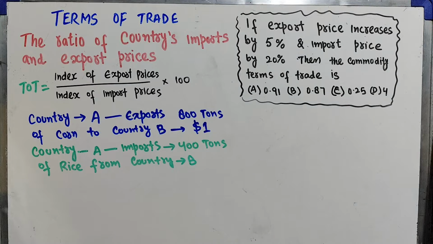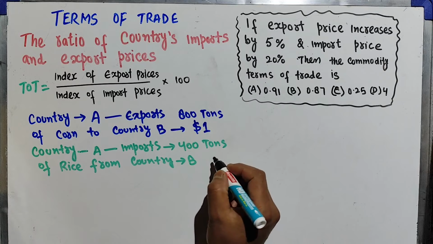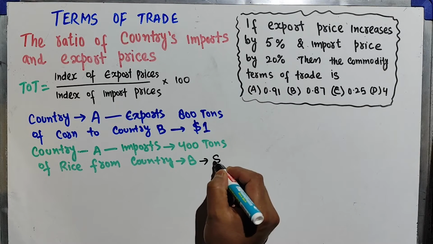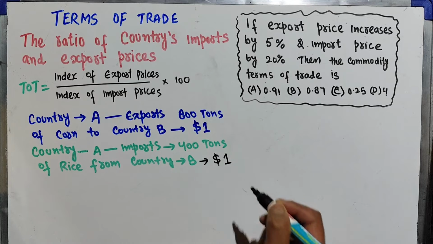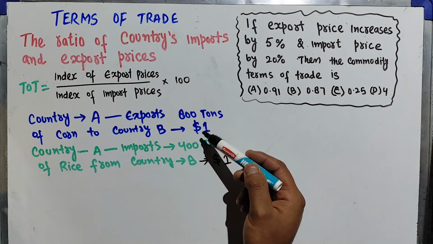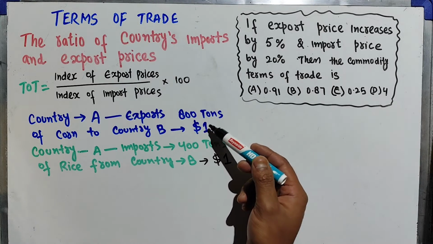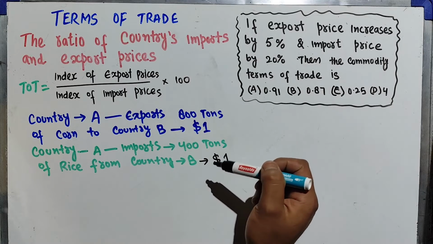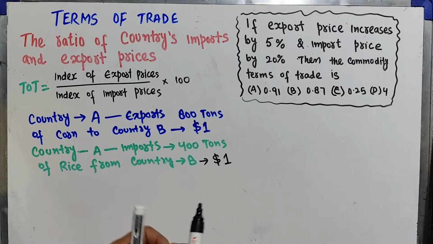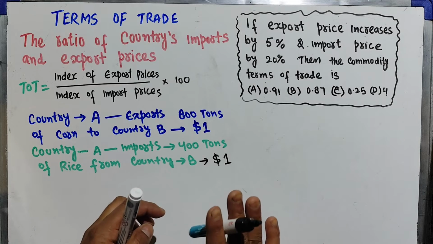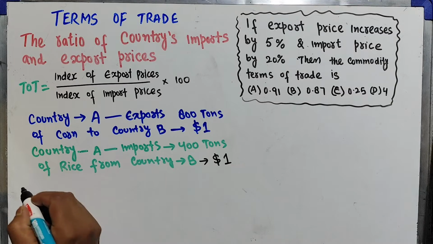Again, let's assume the price of rice per ton is $1 for the sake of simplicity. That is, the price of 1 ton of corn is $1 and the price of 1 ton of rice is also $1. Now what will be the terms of trade?